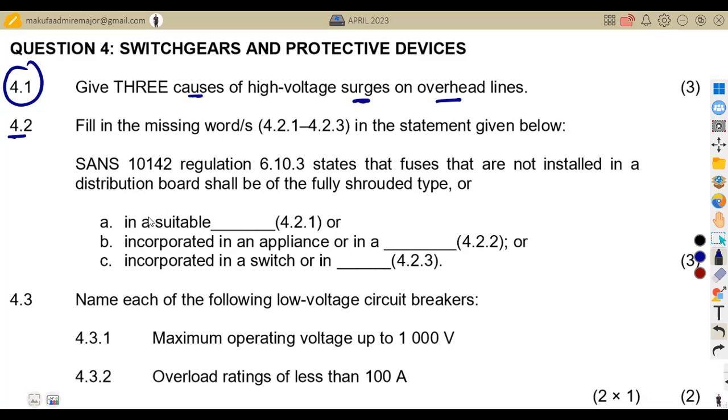So the first part is that the fuses must be in a suitable protecting case, or incorporated in an appliance, or in a socket outlet this time, or incorporated in a switch, or in a control gear also.